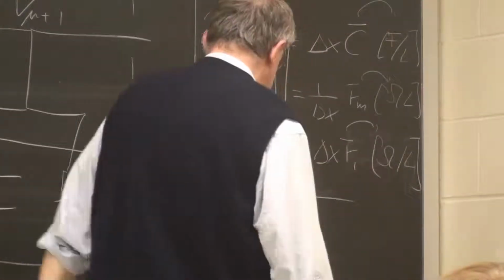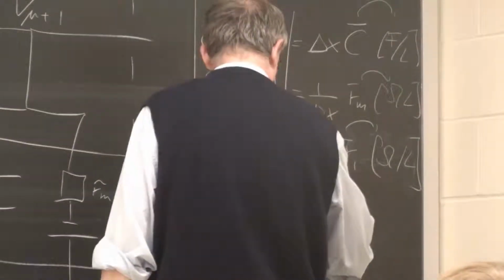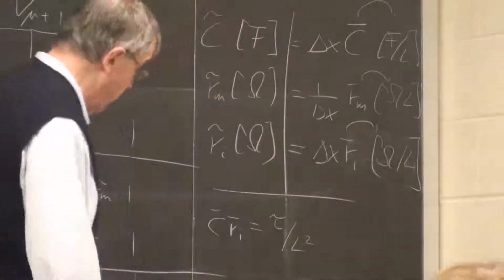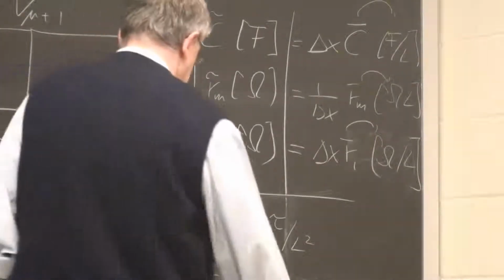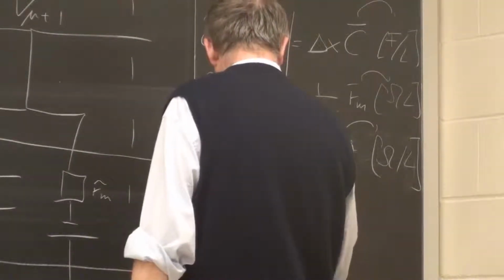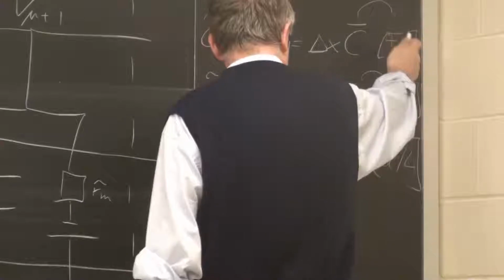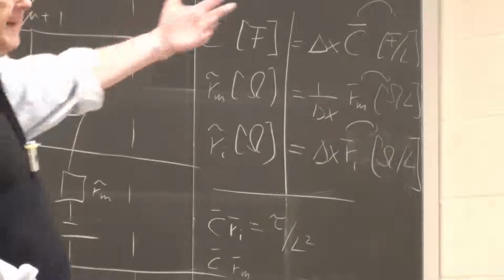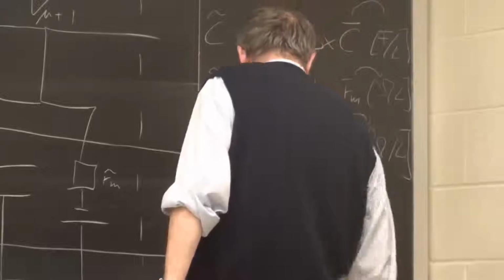So this is farad times ohm, which is tau, divided by length squared. So this is a time divided by length squared. And the other one is C bar times Rm bar. This is farad times ohm, that is time, times length divided by length. So this one is just a time constant, namely my time constant tau.